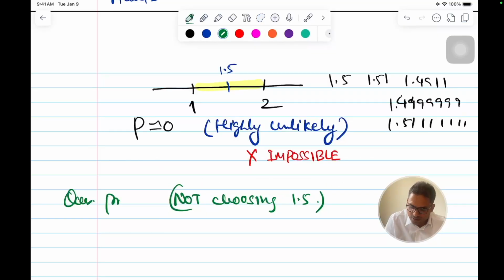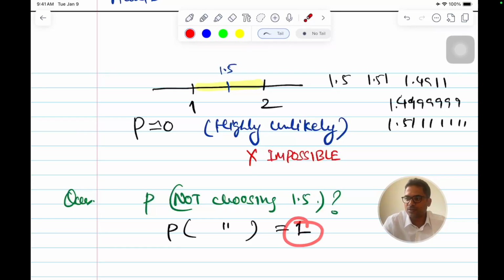We can say that the probability of not choosing 1.5 will be equal to 1 for all practical purposes, because choosing 1.5 is so low that we can say the probability of not choosing 1.5 is 1. But can we say that for sure?